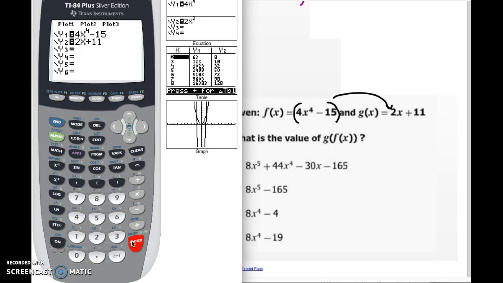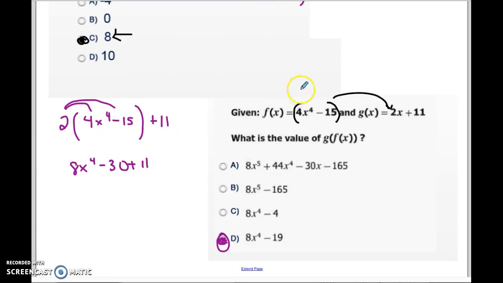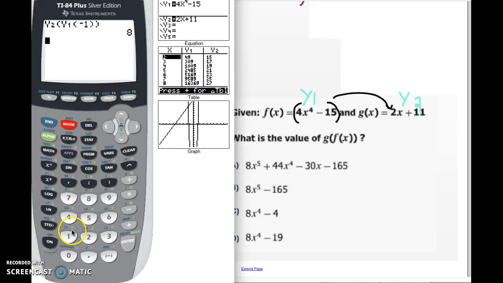All right, so if I want to see which one is the correct answer, we could go back and use the strategy we talked about with storing values. You probably want to make a note to yourself on this and say that this is my y1 and this is my y2.